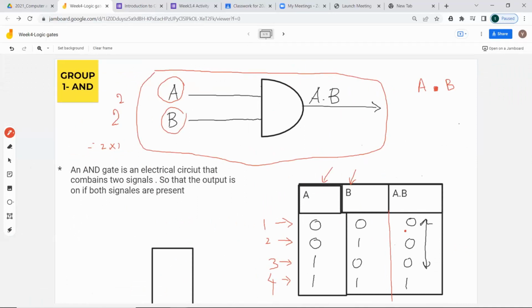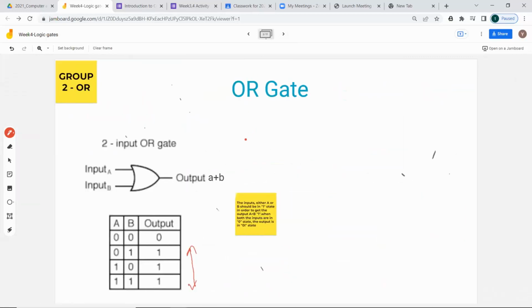And that's why you have this kind of output. 0 into 0, 0 into 1, 1 into 0, and 1 into 1 in AND gate because it is similar to multiplication. And here in O, this is just like addition: 0 plus 0, 0 plus 1, 1 plus 0, 1 plus 1.